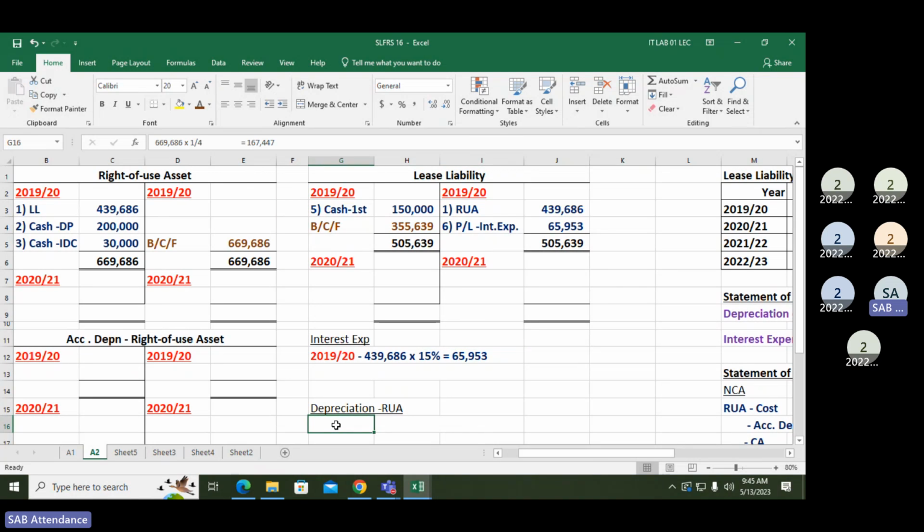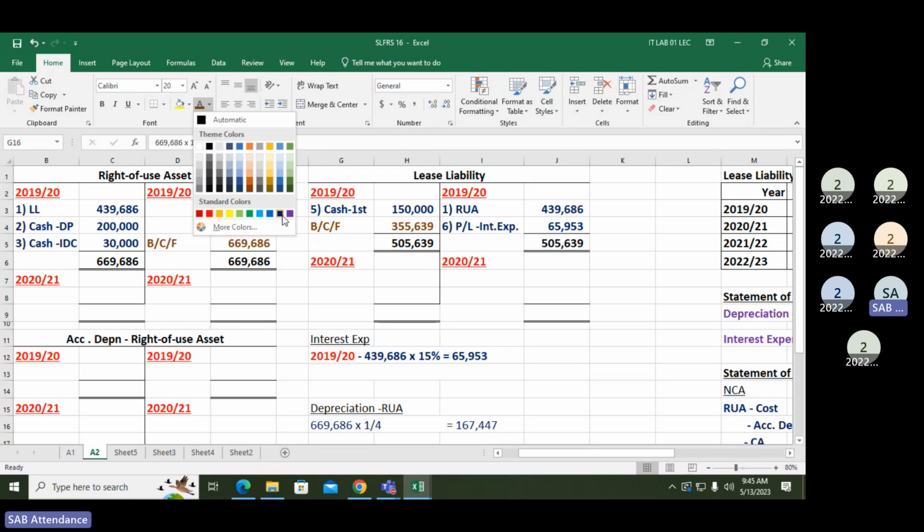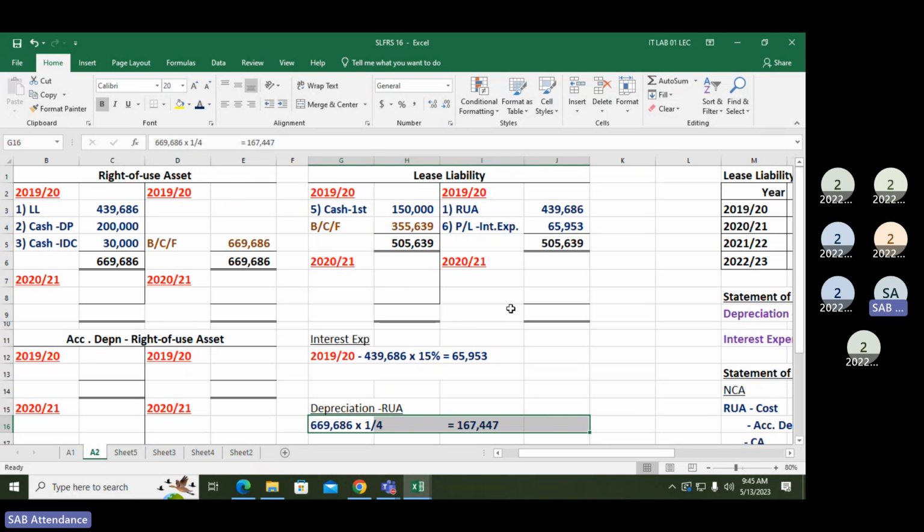But you have to depreciate the right of use asset over the 4-year lease term. So that won't change year to year. So it should be 669,686 depreciated over 4 years. Annual depreciation 167,447.